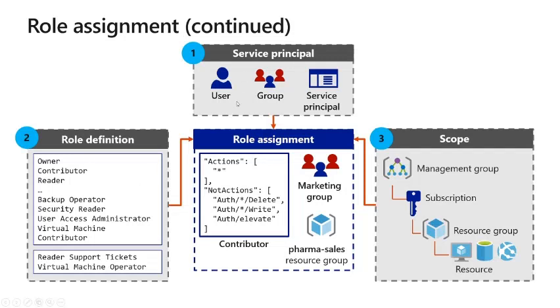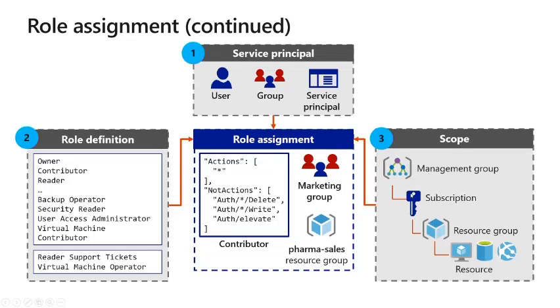You have security principals, which are like user, group, and service principal. Then you have role assignments. It can say I want to assign this contributor role to this marketing group, with the scope of subscription, resource group, or specific to a resource. So I can say I want to set the scope to management group level.